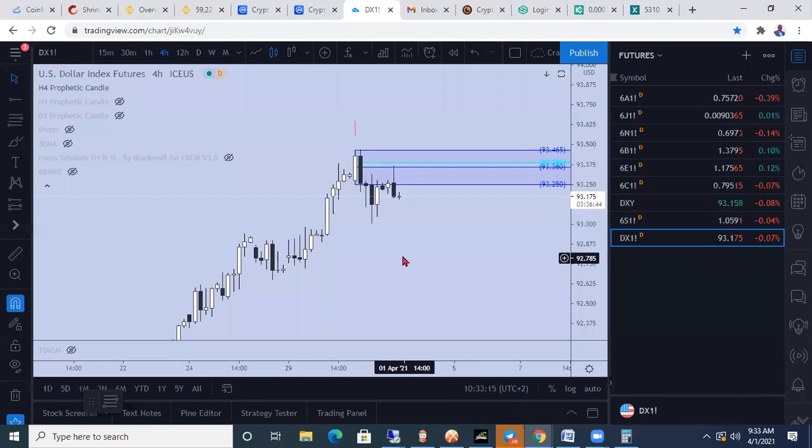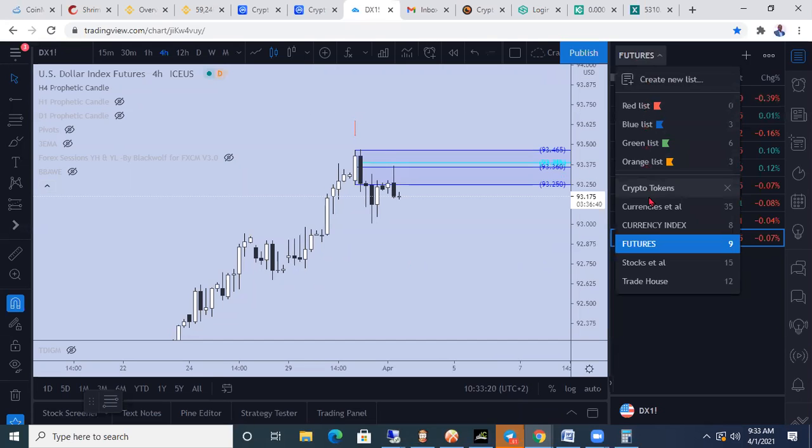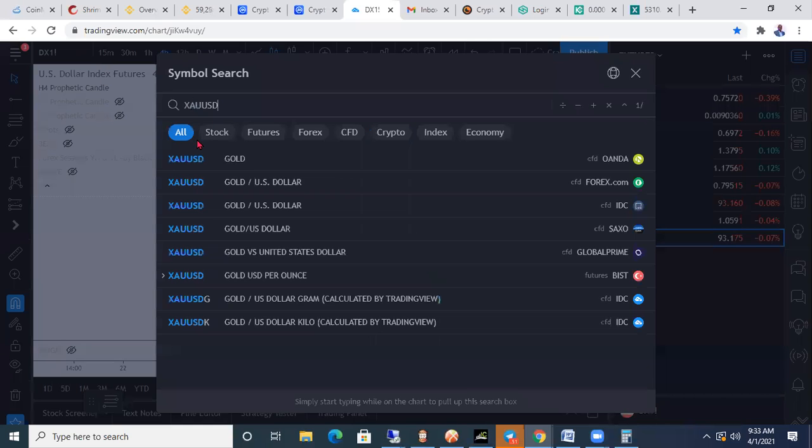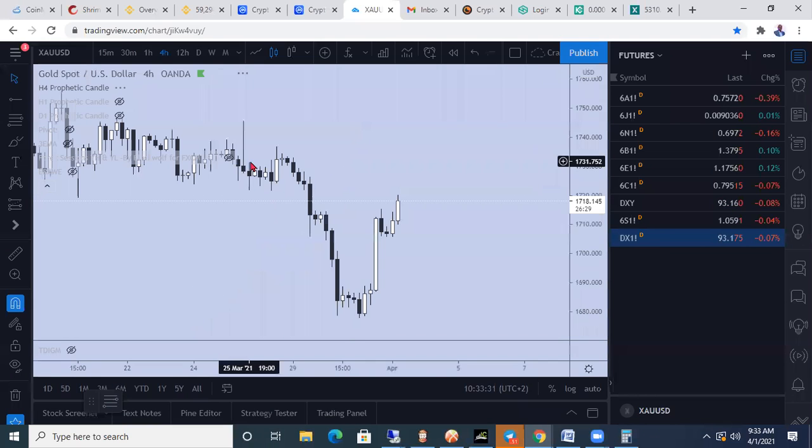When you know that there's going to be bearishness in DXY, you should be looking for reasons to want to buy gold, XAU USD, using that example I just gave. So if you go to gold, boom, gold is buying. Gold is buying, right? So you look at DXY to analyze that.